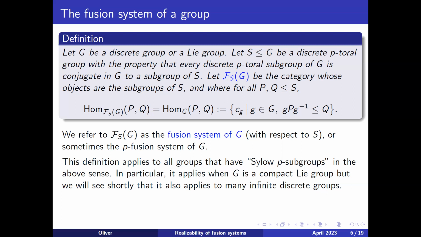Take any other prime q: inside of T you've got a lot of elements of order q, and you can take finite subgroups of order prime to p inside of T and things like that. So that's what convinced us that for these purposes, it would be by far better to work with the discrete p-toral groups. And I think that's what convinced Dwyer and Wilkerson to look at them as well.